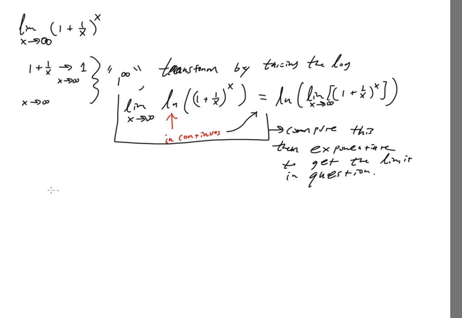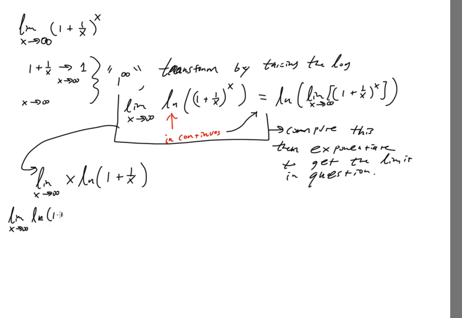Okay, so let's do that. Let's look at this limit as x goes to infinity. Now, we know the law of logs, that x can go out front. We have x times the natural log of 1 plus 1 over x. The natural log of 1 plus 1 over x is going to go to 0, and x is going to go to infinity.